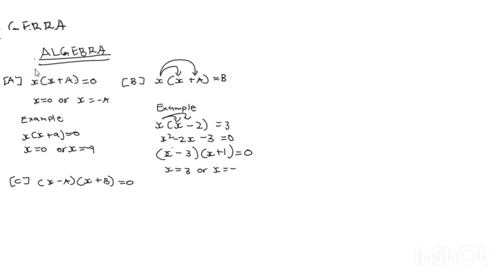So here is already equal to 0. Your job is just to equate each bracket to 0, and then you get the answer. You can even skip this step and make it x equals a or x equals negative b.